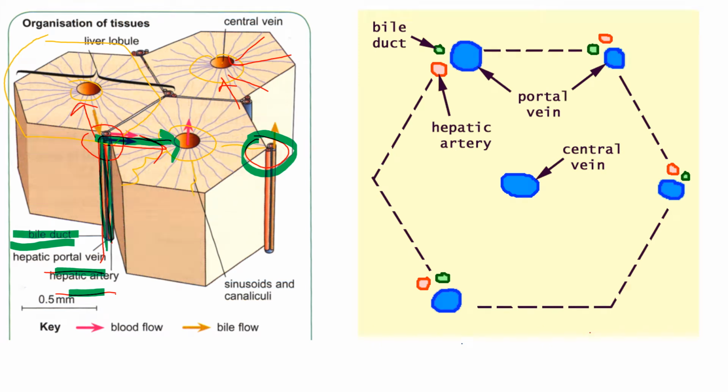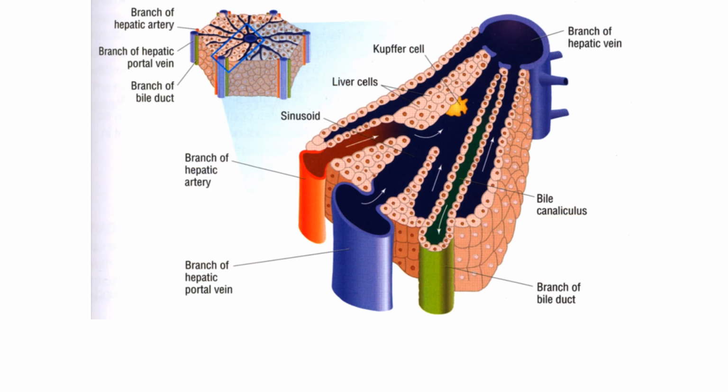Okay, so let's have a look at some pictures in a minute. Right, so this is just a portion of one lobule. You can see they've just taken a part of the lobule here. So this is the central vein, and as it says there, a branch of the hepatic vein.